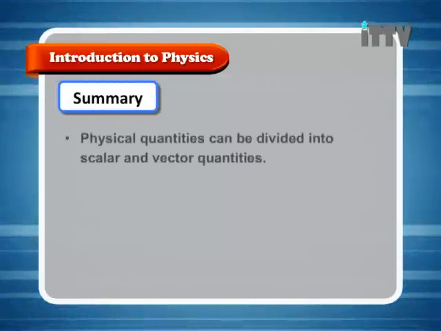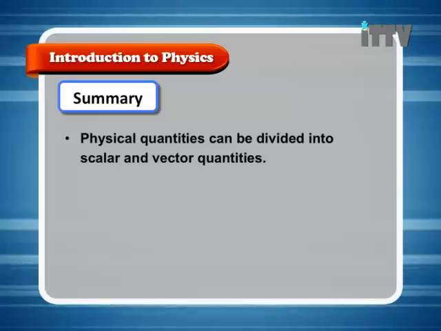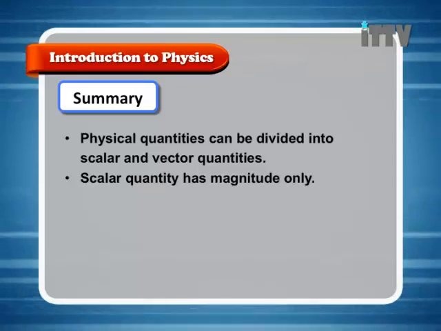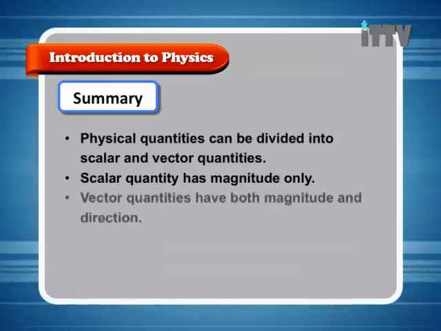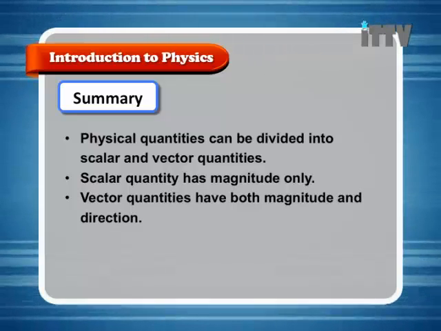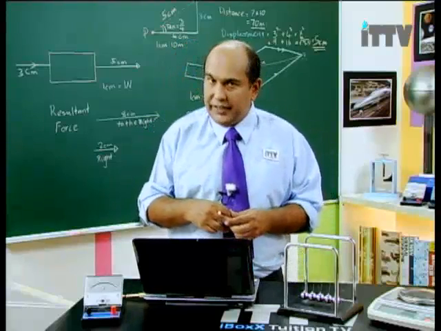Summary. Physical quantities can be divided into scalar and vector quantities. Scalar quantity has magnitude only. Vector quantities have both magnitude and direction. You must be able to know the examples of each.